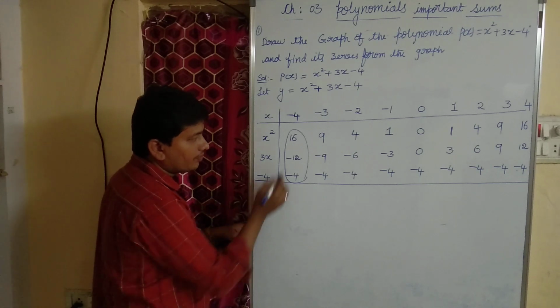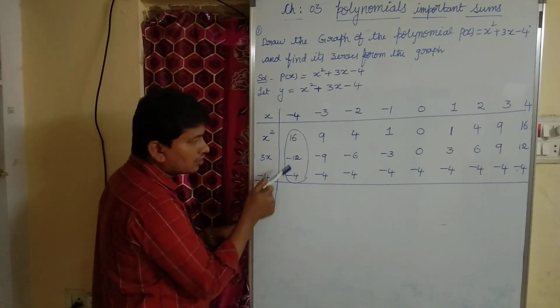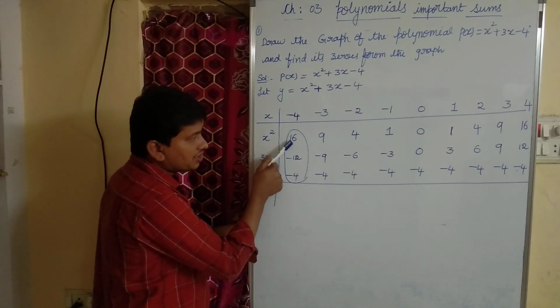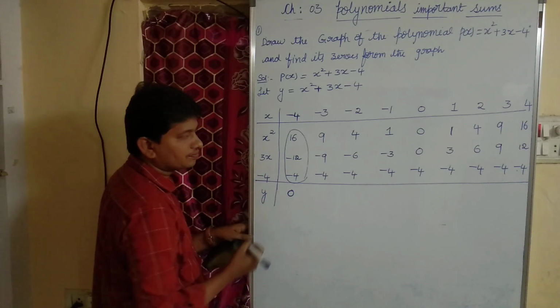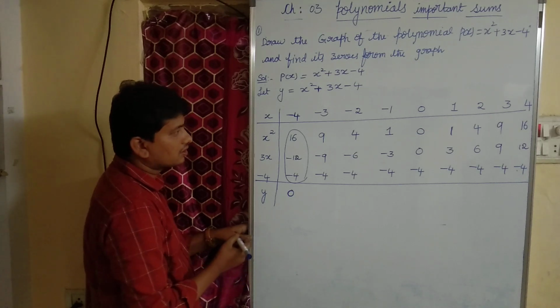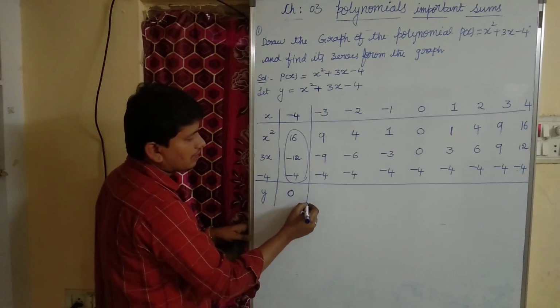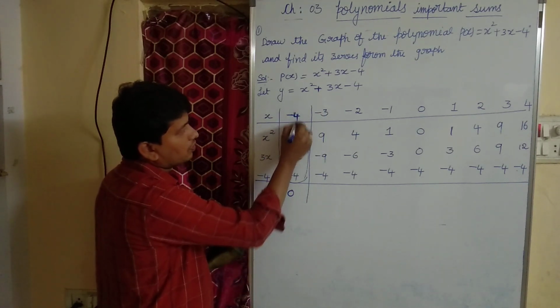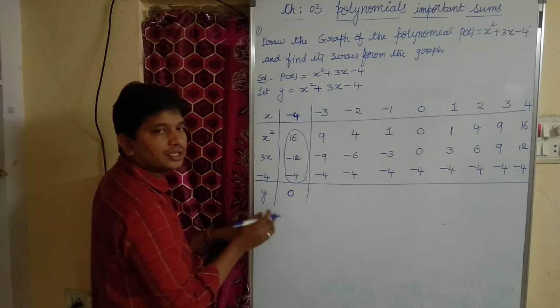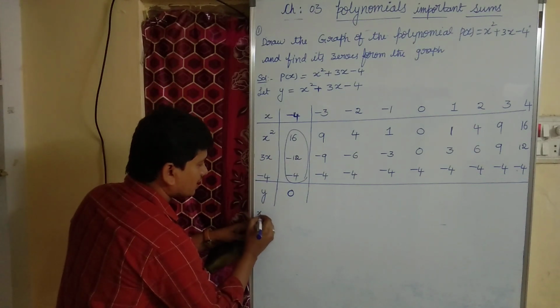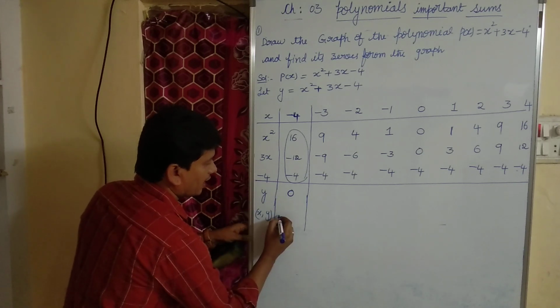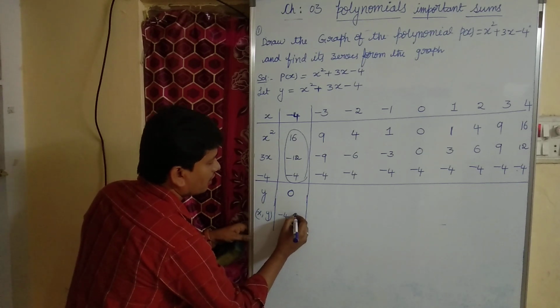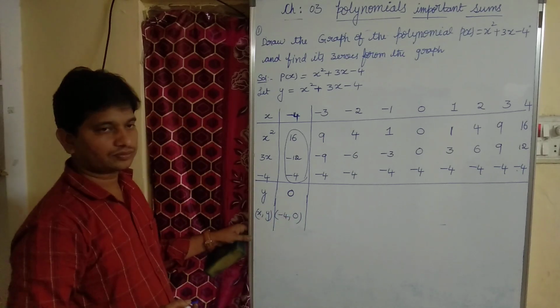Now if you see here, this is 16 minus 12, that is 4. 4 minus 4 is equal to 0. When we substitute minus 4 in place of x, what value of y did we get? 0. Therefore, our x coordinate is minus 4 and y coordinate is 0.